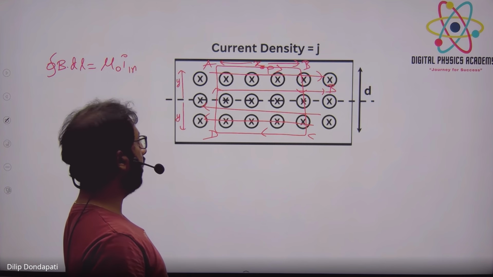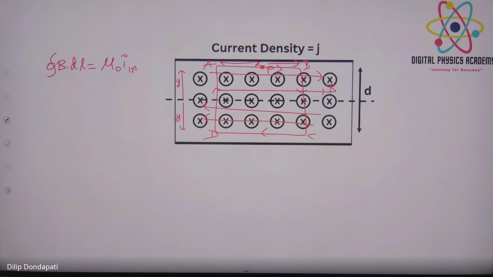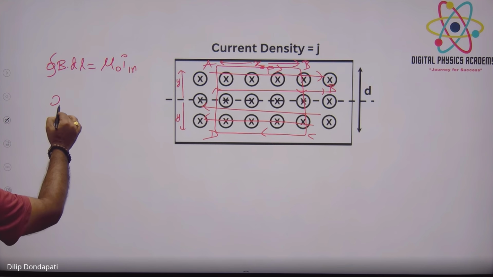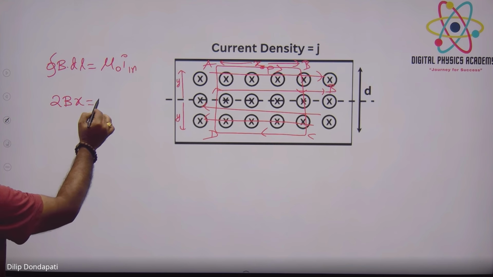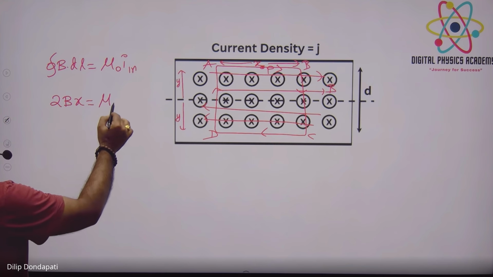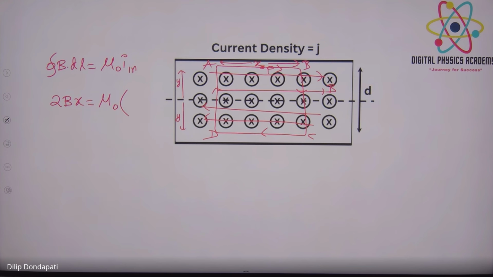Left side same ही आएगा, left side will be same. bx plus bx will be 2bx. Mu naught times of I inside के जगह में क्या डालूं देखते हैं.